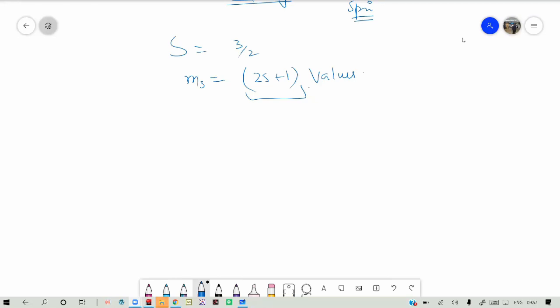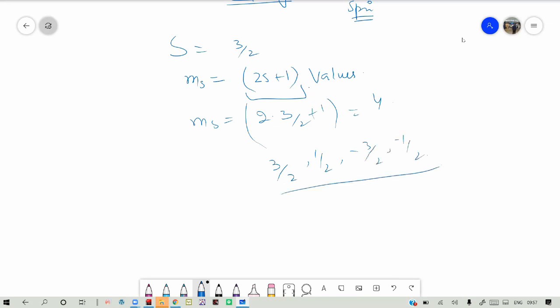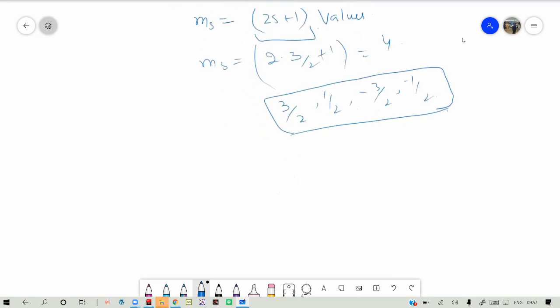This S is the total spin of many electrons. And MS can have 2 into 3/2 plus 1 values, that is 4. It simply becomes 3/2, 1/2, minus 1/2, minus 3/2. This is the possible combinations of this spin, and this is called the multiplicity.